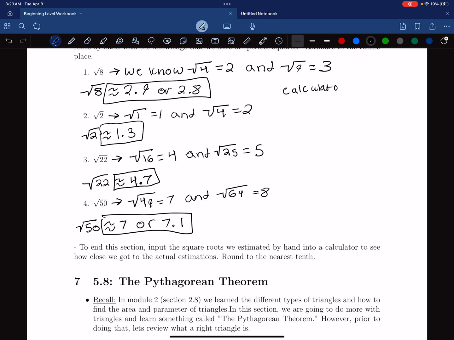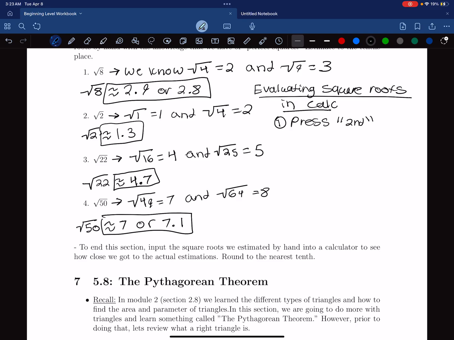Calculator: evaluating square roots in calculator. So our first step is to press the second button.